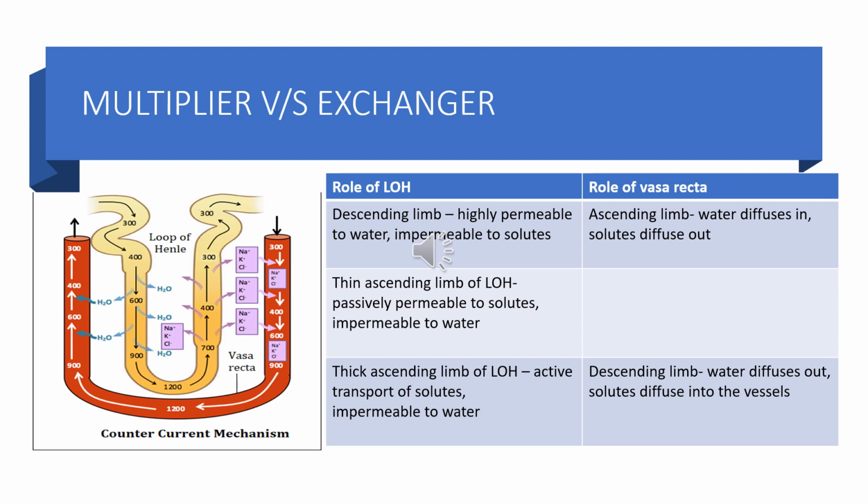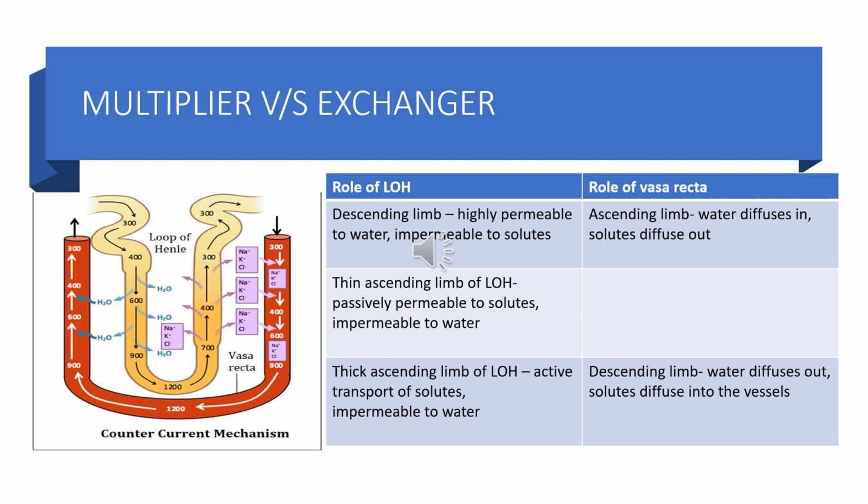Here we can see that the water that is diffused out of the descending limb of loop of Henle is taken away by the ascending limb of vasa recta into the cortex. That is, the water that is diffused out of the loop of Henle is removed from the medullary interstitium, thereby increasing the osmolarity of the medullary interstitium.